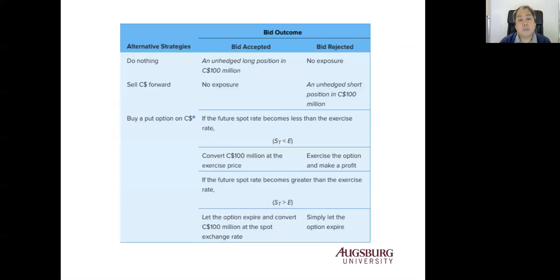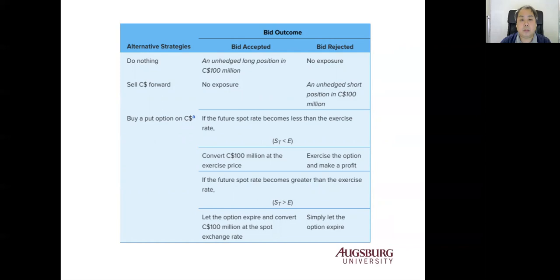So there are three options you can have. So first of all, you don't do anything, do nothing. If bid is accepted, then you basically receive Canadian dollar, $100 million, and it's unhedged. So you have unhedged long position in 100 million Canadian dollars. Bid rejected, nothing happened, right?